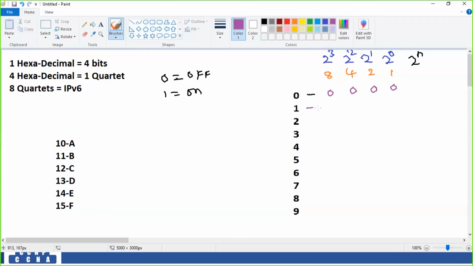Then how can I write 1 in binary? 0001. How can I write 2? 0010.